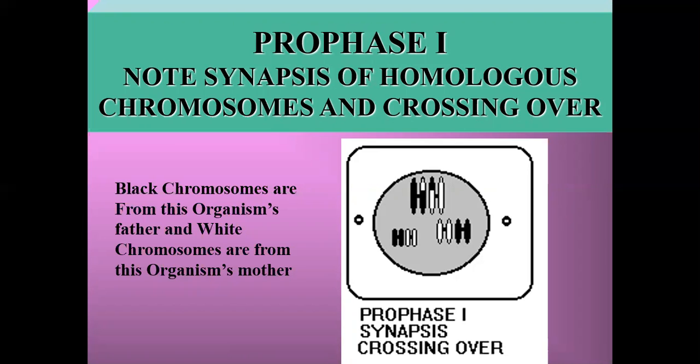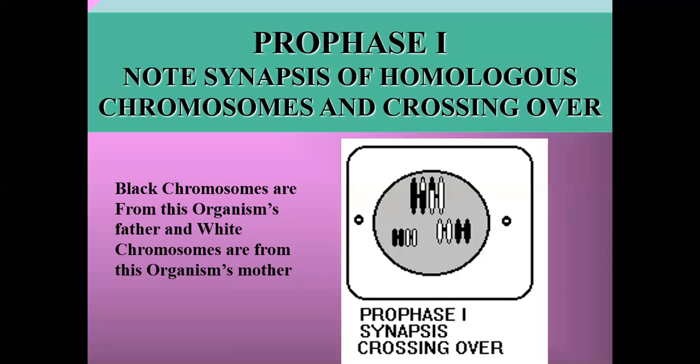They are double chromosomes. They look like little H's because the DNA has replicated. But the homologous chromosomes, the two chromosome 1s, the ones that are very similar, and the two chromosome 2s and the two chromosome 3s, they come together. They join. They call this process synapsis. And what's happening is that they're kind of sticking together.